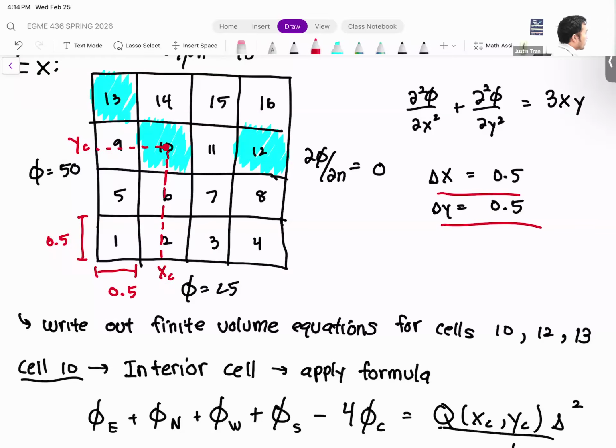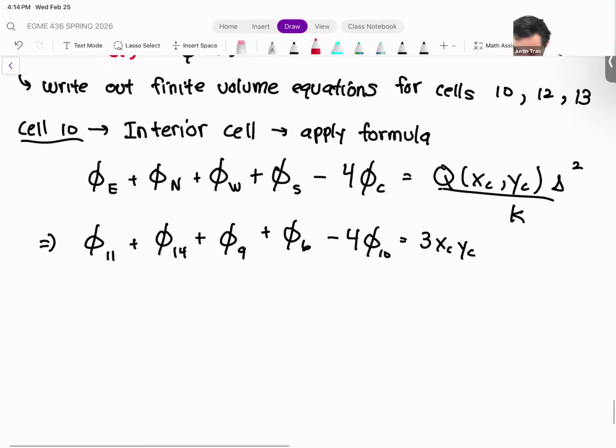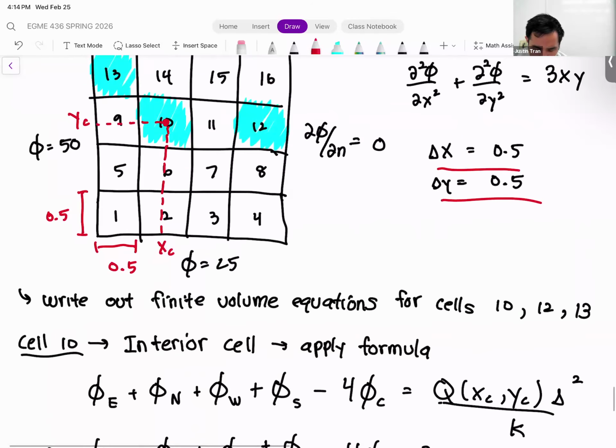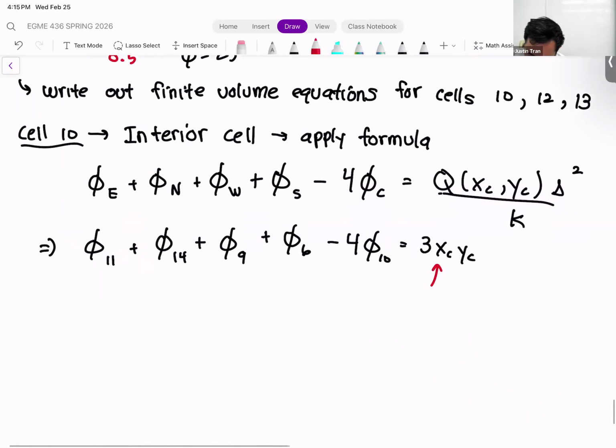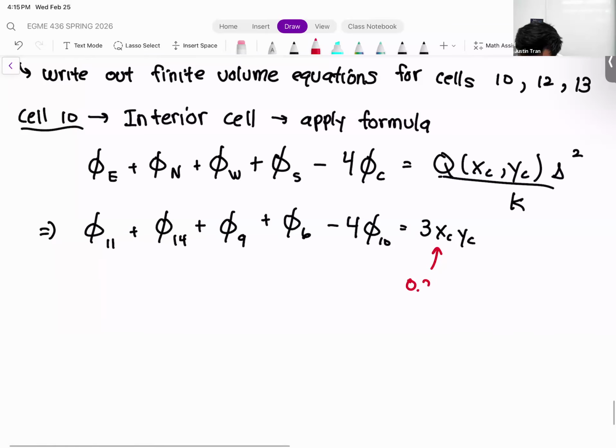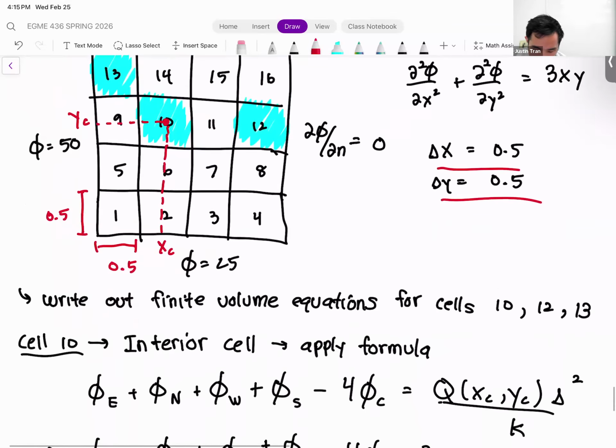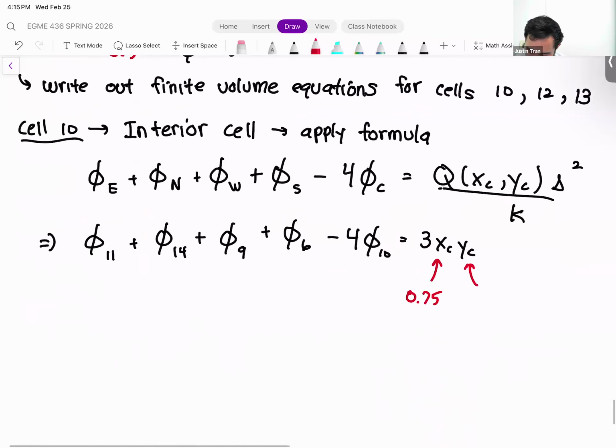So if we look at xc for cell 10, in order to get over to cell 10, we cross over cell 1 and get halfway into cell 2. So xc here is going to be 0.75. And then yc in this case is going to be 0.5, 1, 1.25.